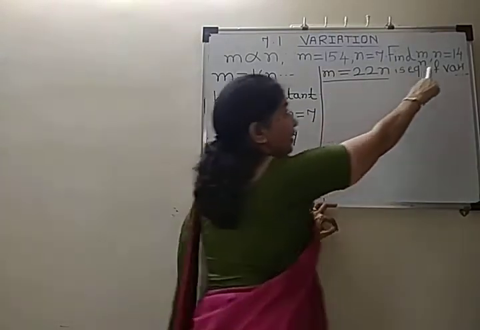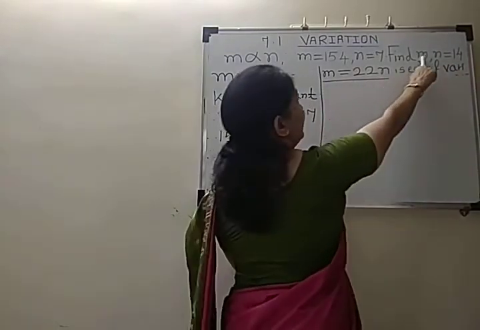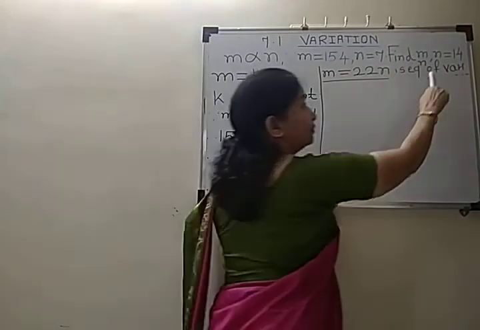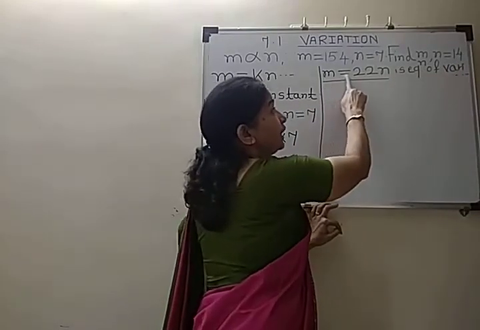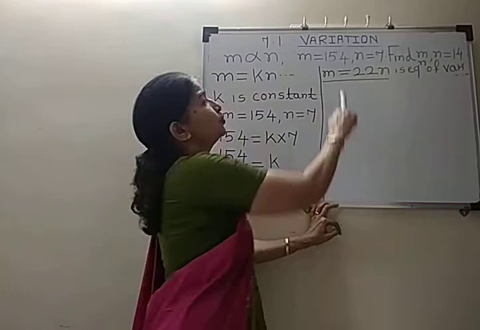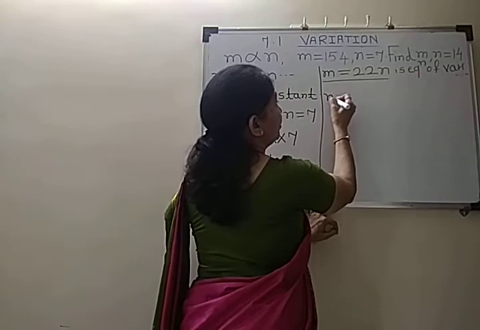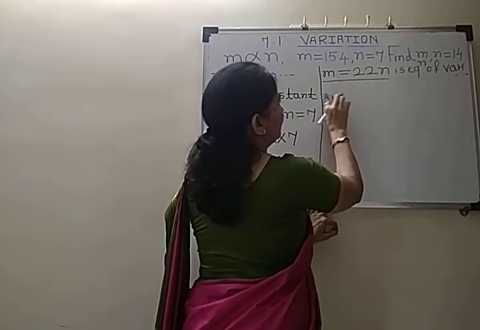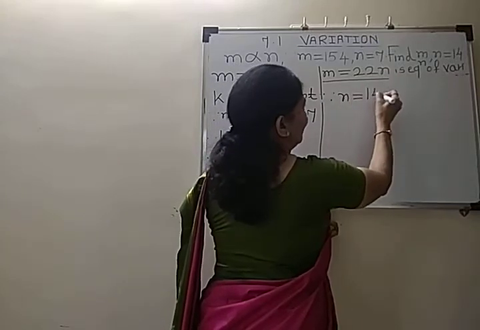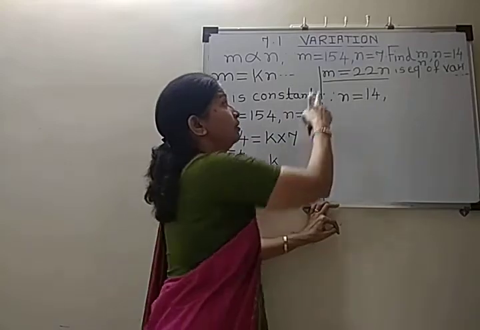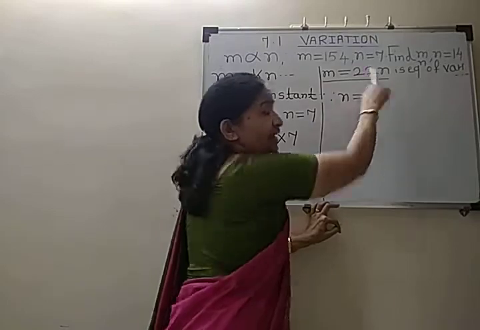Now if N is equal to 14, then we have to find out M. Now substitute the value of N in this equation of variation so that we can get M. So M is equal to what, when N is equal to 14, as they have given. At that time, substitute the value in this equation of variation.